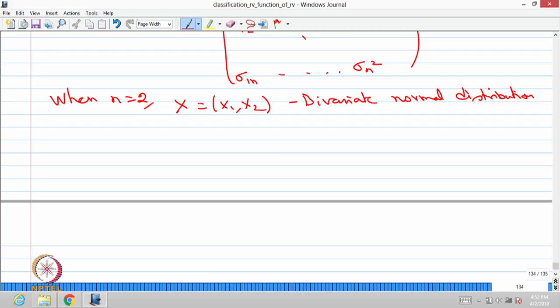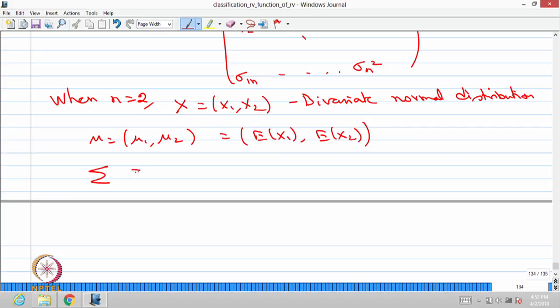In that case, mu is going to be mu1 comma mu2, where mu1 is the expectation of x1 and mu2 is the expectation of x2.